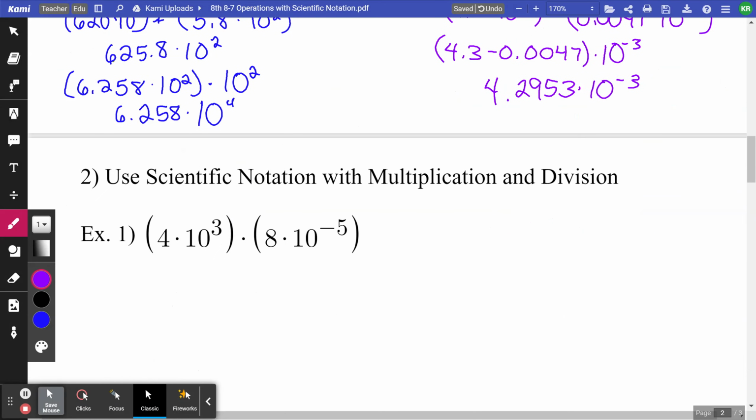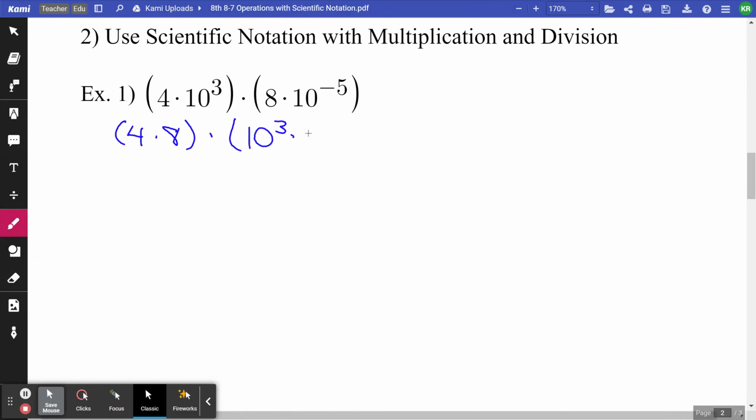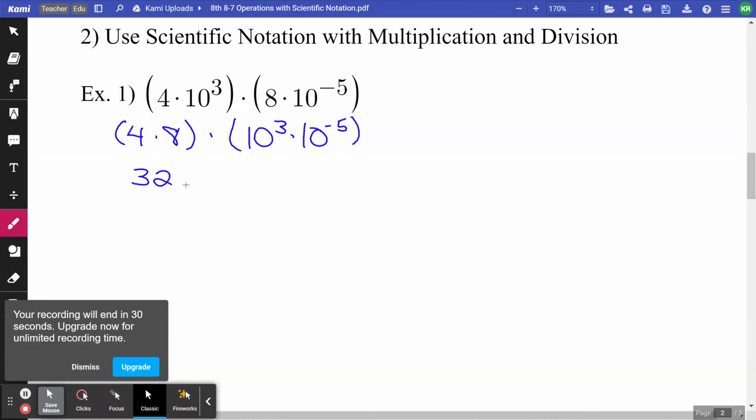All right, moving down, we need to use scientific notation with multiplication and division. We're going to use the associative property on this because it's all multiplication, so we can just rewrite it in the order that we want. We're going to put this as 4 times 8 times 10 to the third times 10 to the negative fifth. 4 times 8 is 32 times 10 to the negative second, sorry.